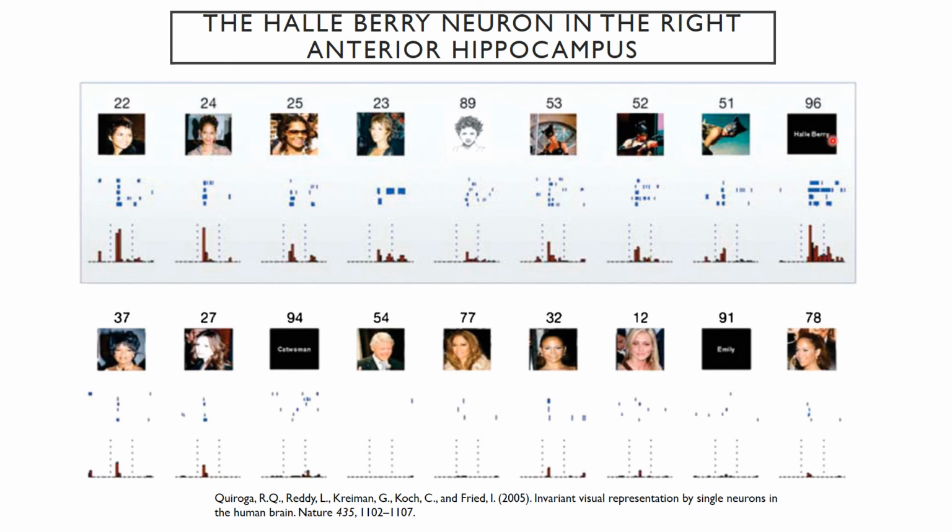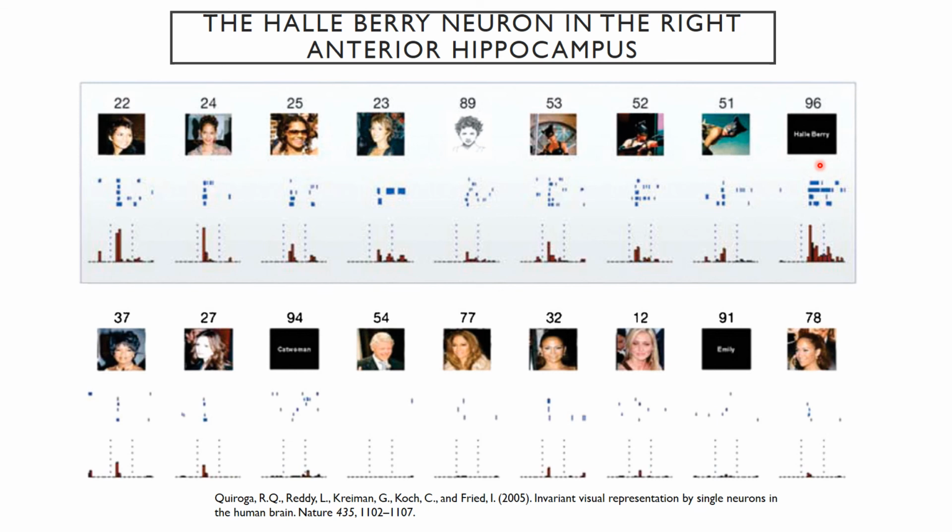But even more crazy is that this neuron also responded to the word Halle Berry. Clearly, the word does not look anything like Halle Berry, but it's the concept of Halle Berry that this neuron is firing to.